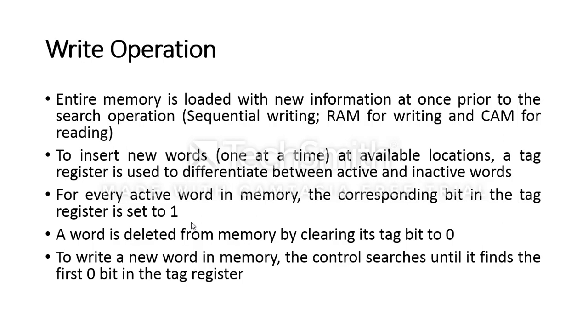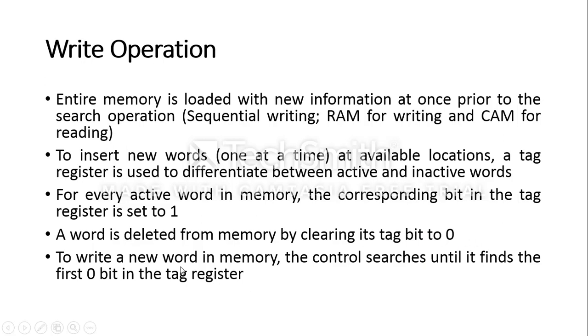If the word is active, then the corresponding bit in the tag register for that particular word is 1, otherwise it is cleared to 0. Whenever a word is deleted from memory, that location is marked as available by setting the corresponding value in the tag register to 0.